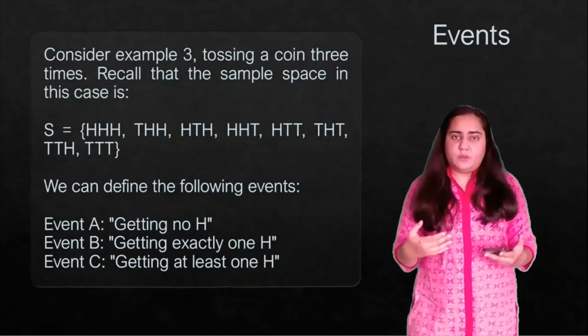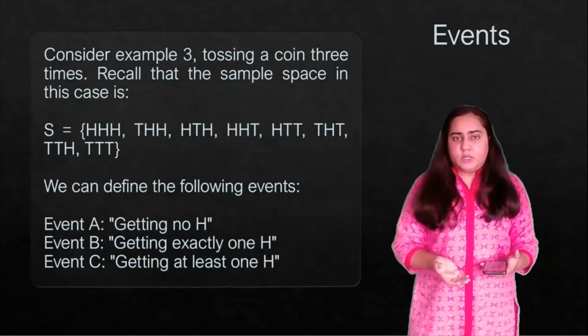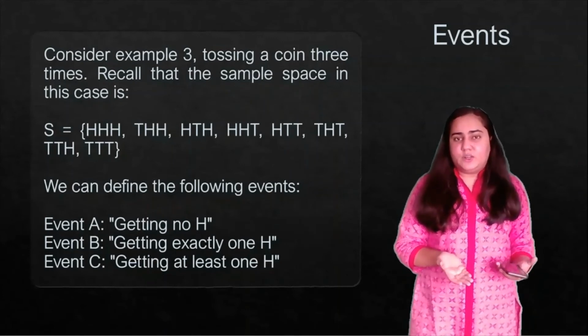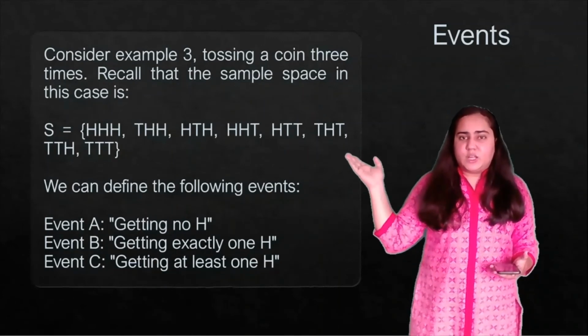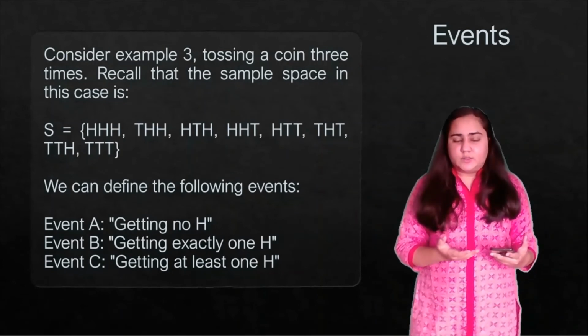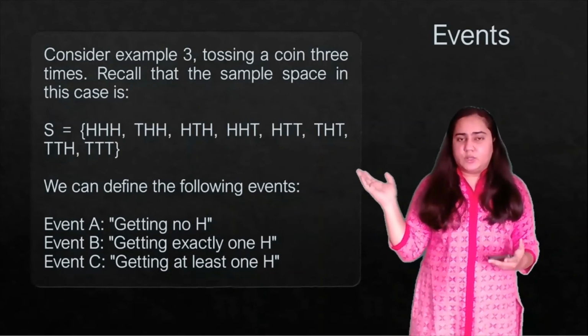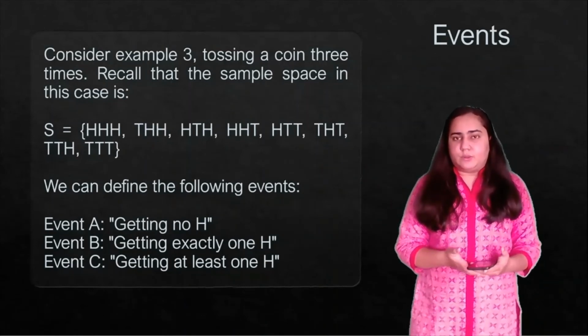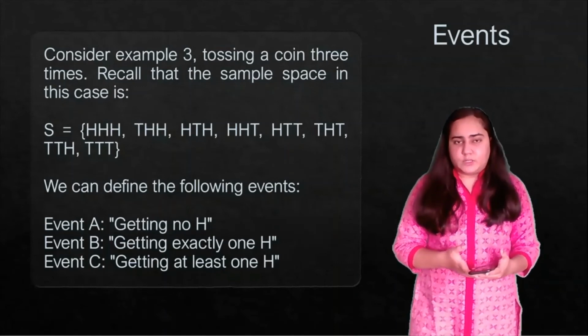You could define another event, for example, getting exactly 1 H. Once again, to calculate the probability, you'll count the samples where there's exactly 1 H, divide that by 8, the total samples, and you will get the probability.